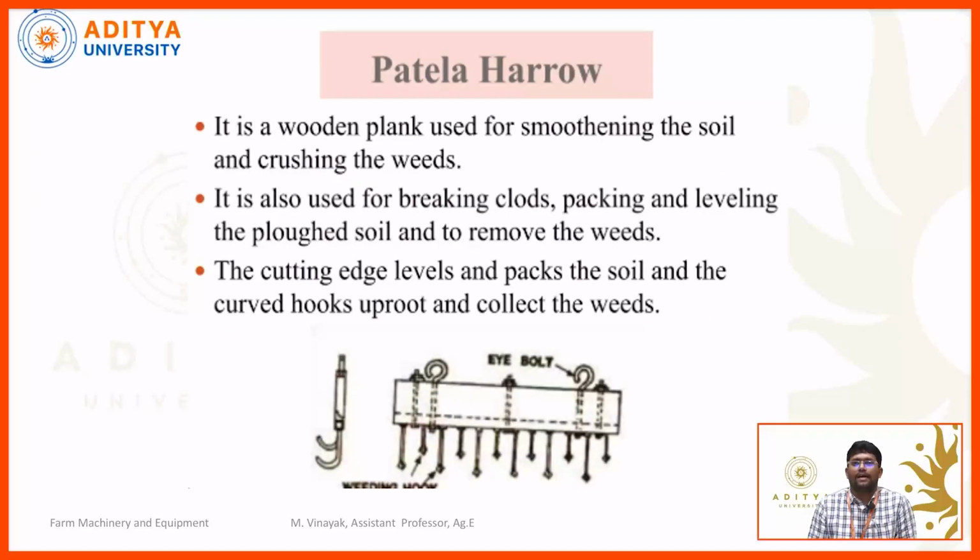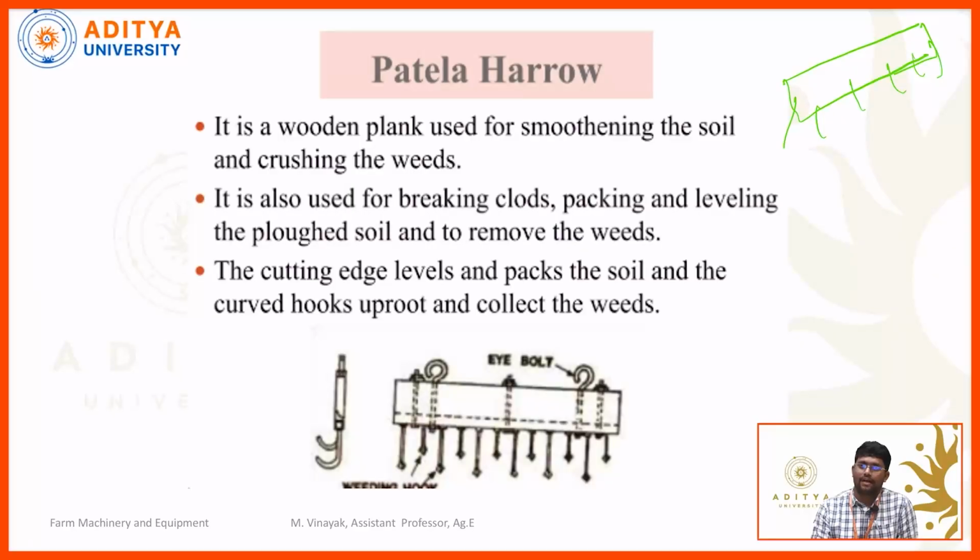Next one is a patela harrow. Most Indian farmers in olden days operated their fields using only this harrow. It is also called a wooden harrow or wooden plank harrow. One wooden plank is there, and a set of blades is arranged on that plank.